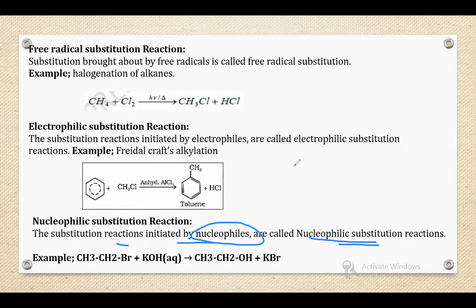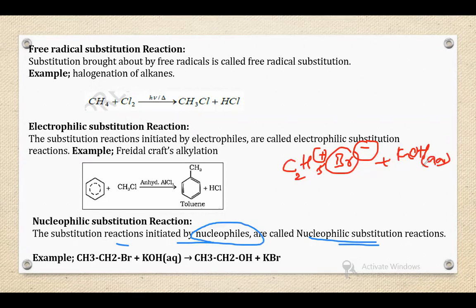So CH3CH2Br, ethyl bromide. Ethyl bromide forms C2H5 plus and Br minus, bromide, when treated with aqueous potassium hydroxide KOH. This bromide is replaced by the attacking reagent KOH.